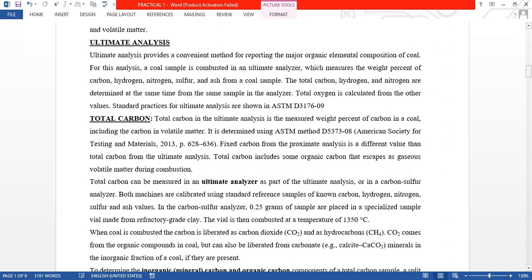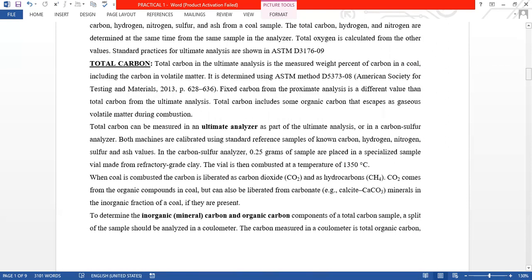Total carbon in the ultimate analysis is the measured weight percent of the carbon present in the coal. We use the ultimate analyzer for the calculation of the total carbon present in the coal.